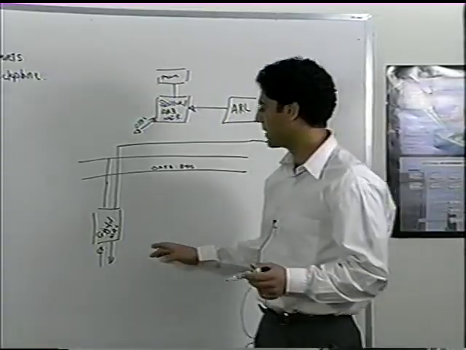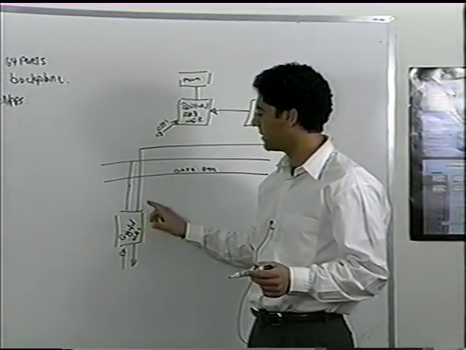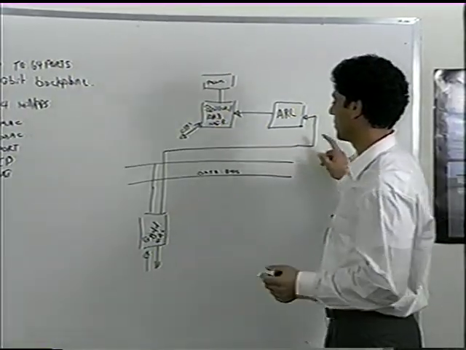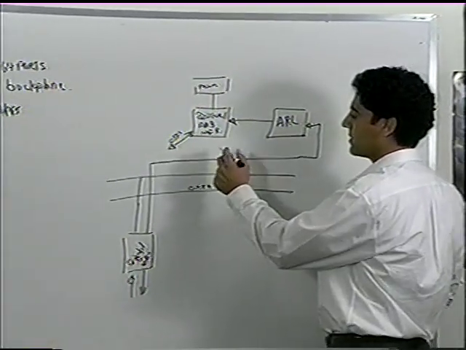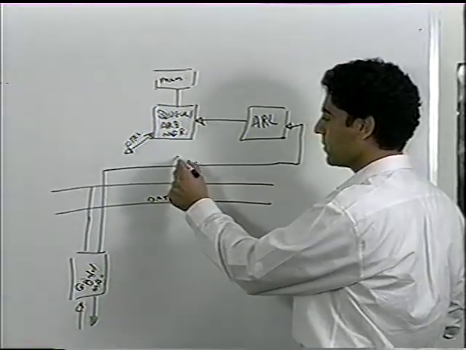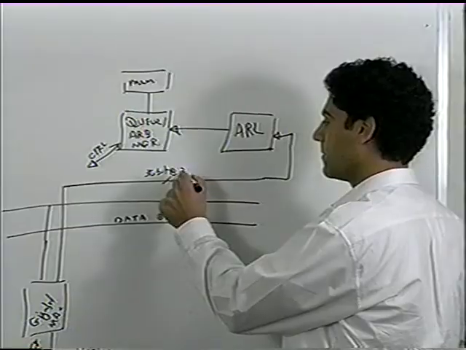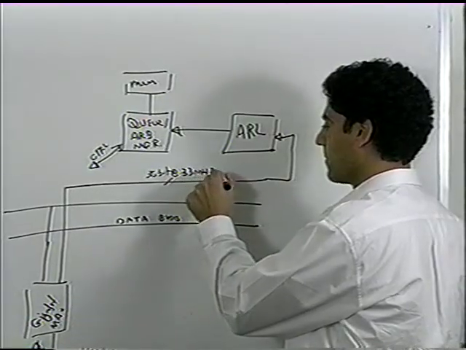So again, what happened is, packet comes in, the header gets stripped, and it gets passed to the address resolution logic. This happens to be a bus that's 36-bit at 33 megahertz right now.